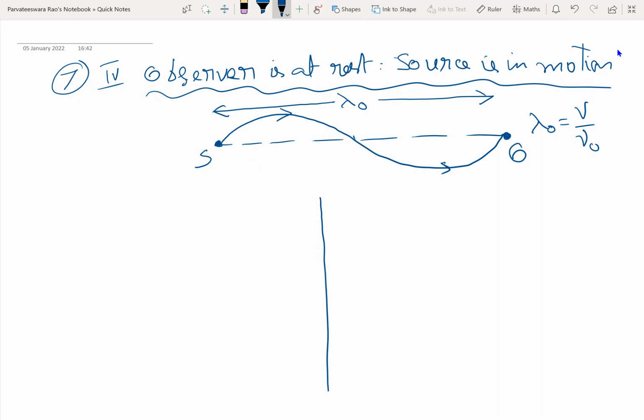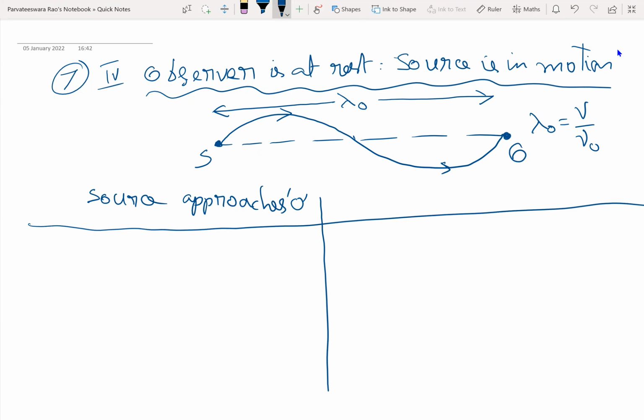Now, source approaches the observer. Source moves away from the observer.